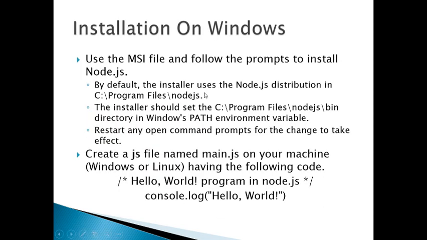You will download and install it. By default, it will be installed in C Program Files nodejs. It will automatically set the path environment variable, by adding C Program Files nodejs bin.